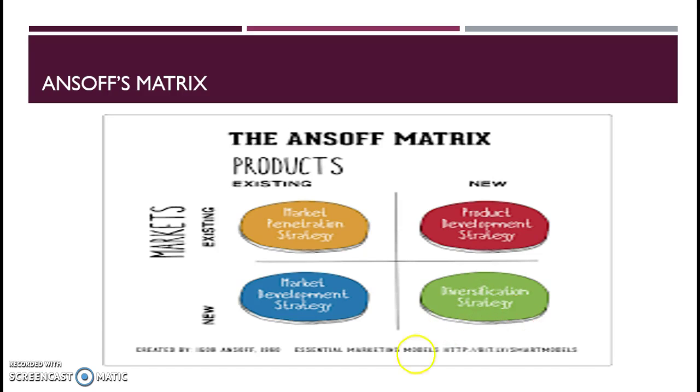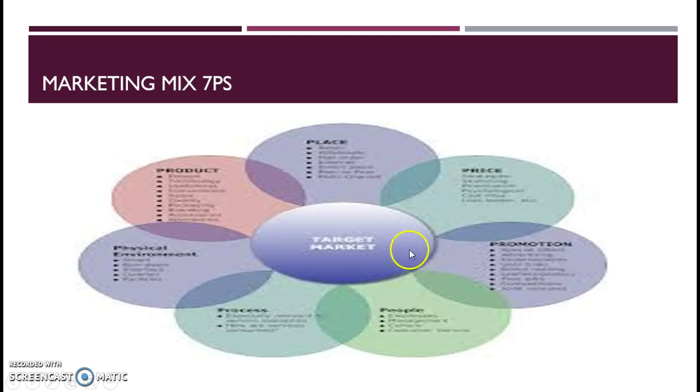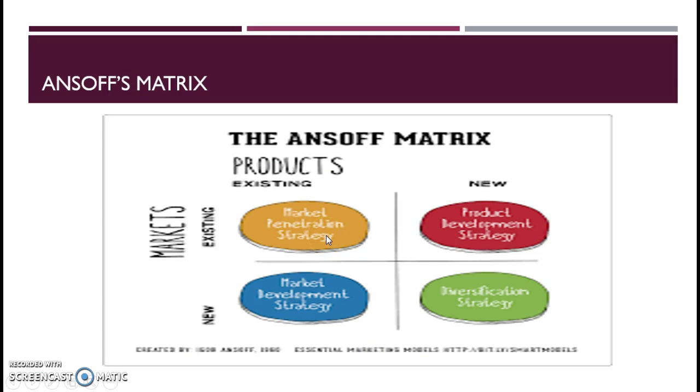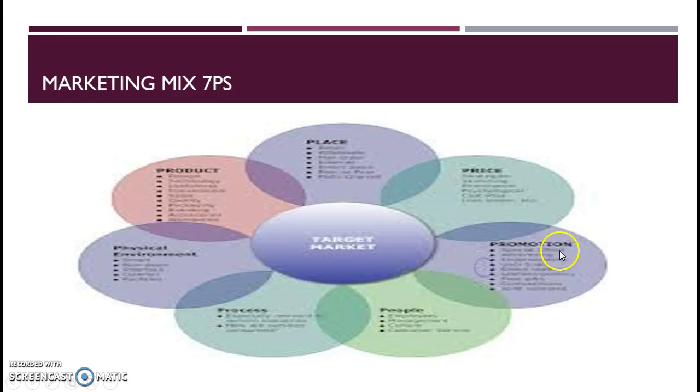This carries probably the most risk and is the strategy most fraught with danger. So from this point of view, this is what Ansoff was looking at. Once again, what we're going to be doing is looking at our specific product and thinking, right, what sort of strategy would we apply to this?